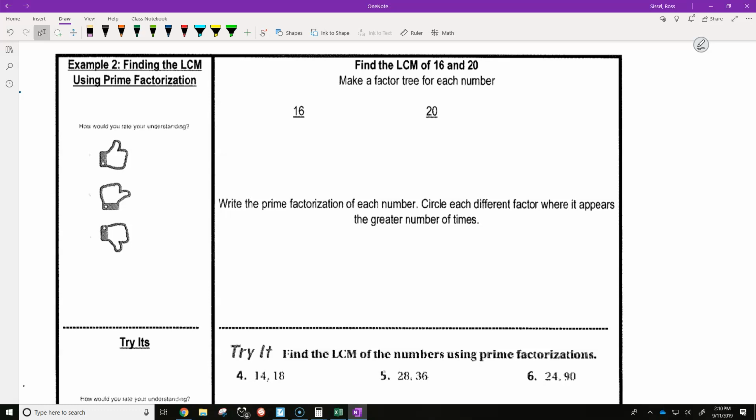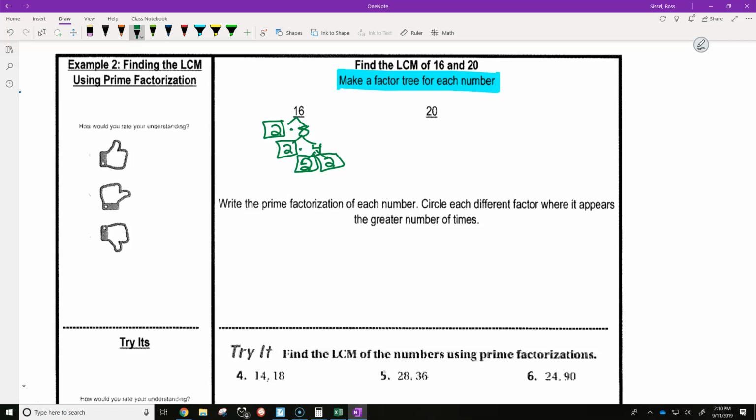The first step is simply to make a factor tree. So I'm going to do 16 here. To make a factor tree, I'm going to do 16 is 2 times 8. 2 is prime. I'm going to make 8, 2 and 4. 2 is prime. And 4 becomes 2 times 2. I need you doing this.